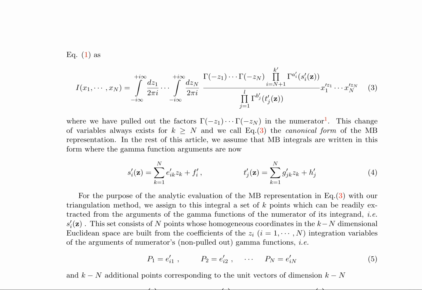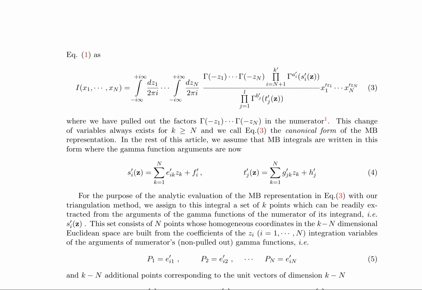The Mellin-Barnes (MB) representation is rewritten in canonical form, as shown in equation 3, where the gamma function arguments are expressed as c·z and t·z, in equation 4. This form is conducive to analytic evaluation using the triangulation method. In this method, a set of k points is assigned to the MB integral, which can be extracted from the arguments of the gamma functions in the numerator of the integrand.